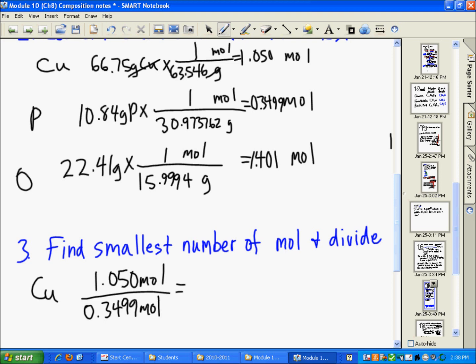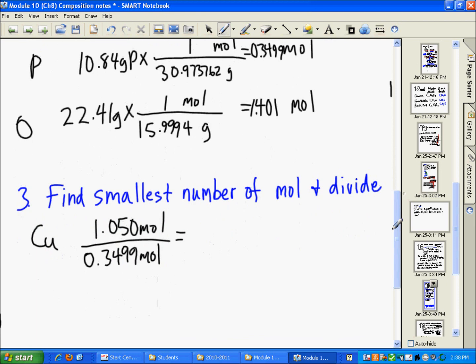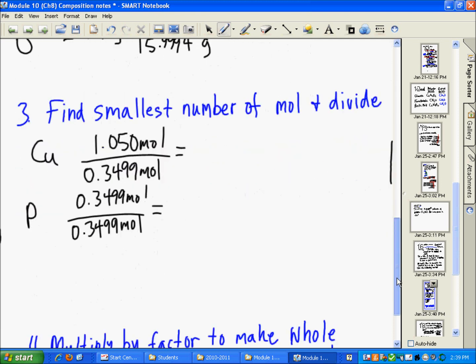And for phosphorus, we just divide it by itself. And for oxygen, we take our 1.401.